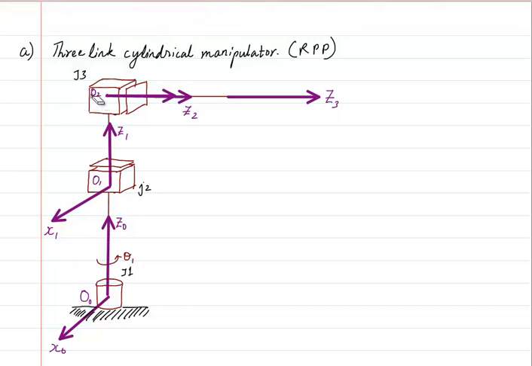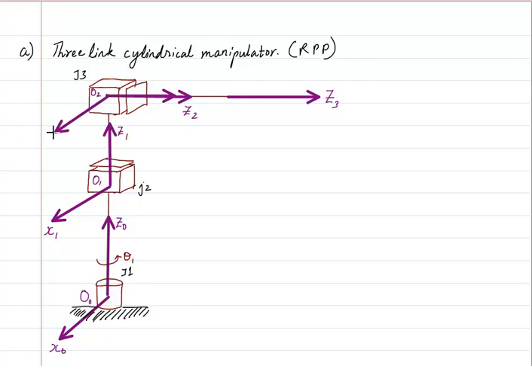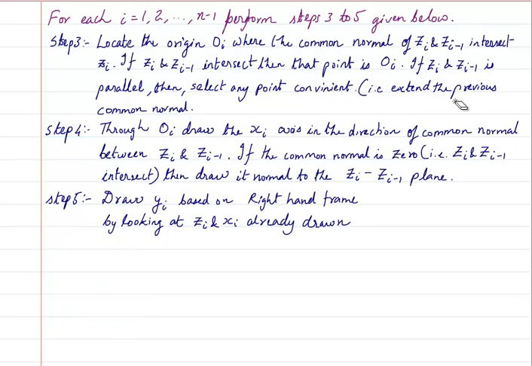So let me draw it. Let me draw the axis. So here again I have drawn the axis such that now you can see it is common normal to Z1, Z2. That is what is written in the rule.